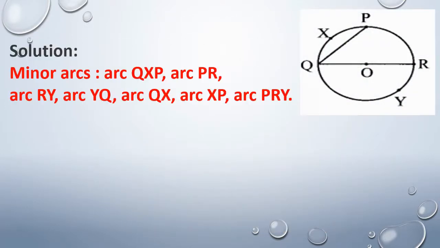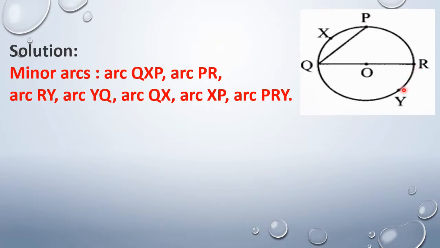Solution. Here you can see in this diagram, the minor arcs are arc QXP. Here arc QXP is a minor arc. Then arc PR, which is also a minor arc. Next is arc RY.